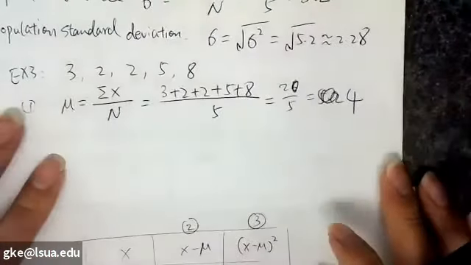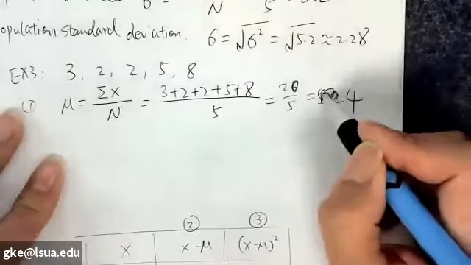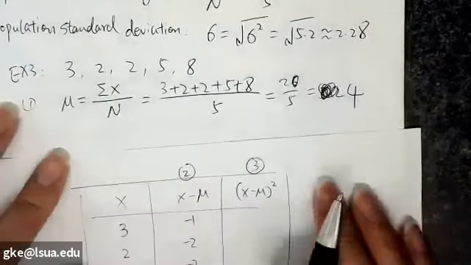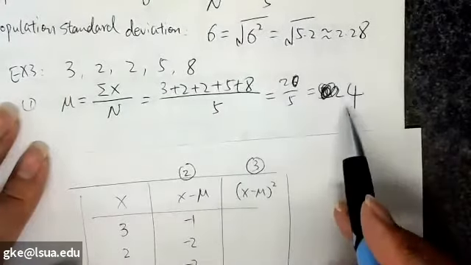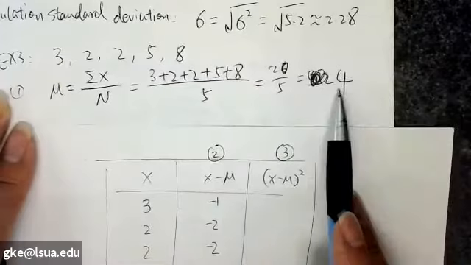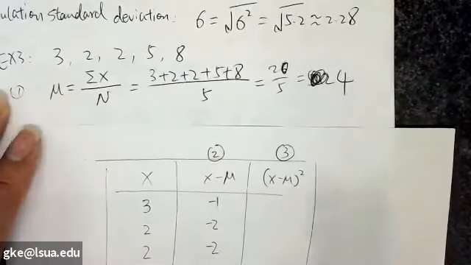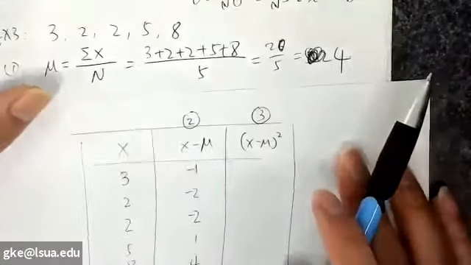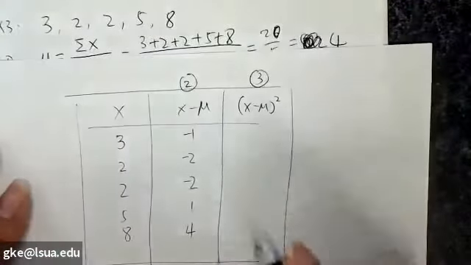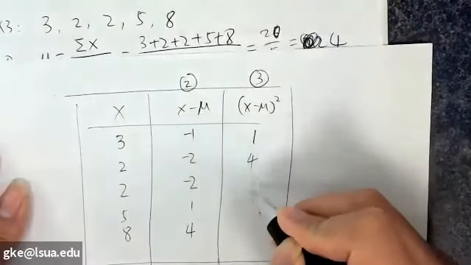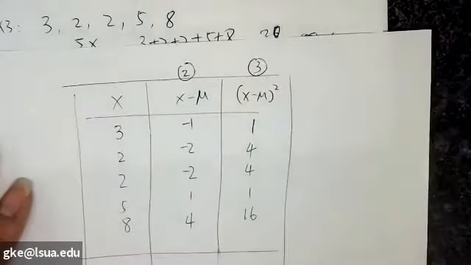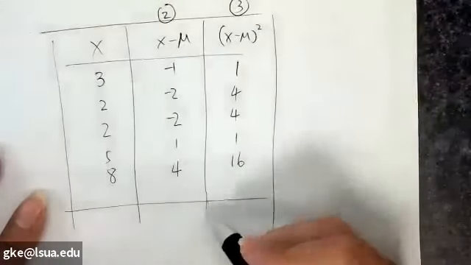You're right. Good job. Okay, it's a 4. So 20 divided by 5 equals 4. So here the entry should be 3 subtract 4 equals -1, -2. Okay. And we do the square. 1, 4, 4, 1, 16. Okay, 16. And then we do the summation.